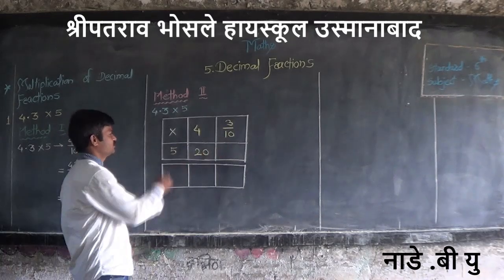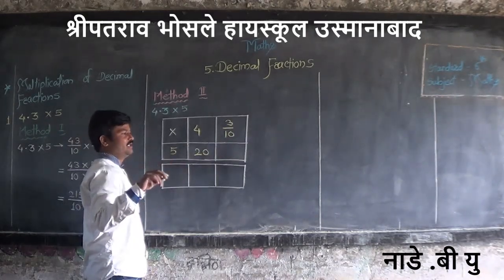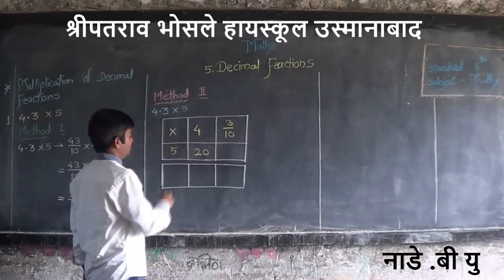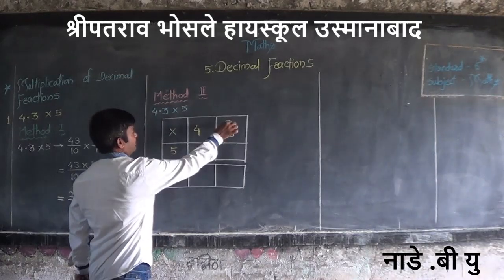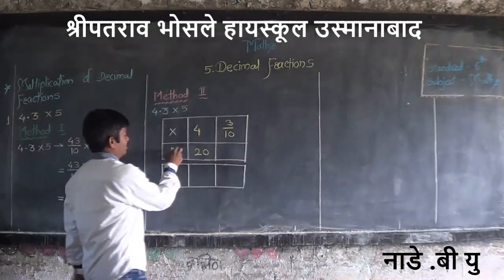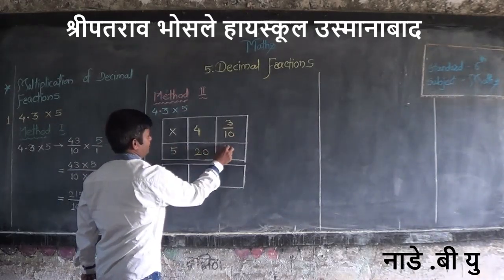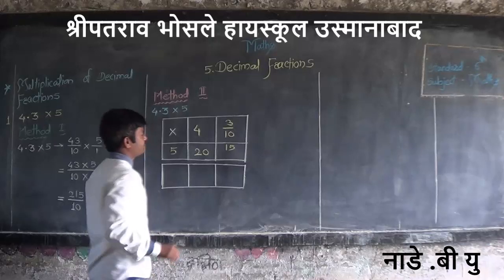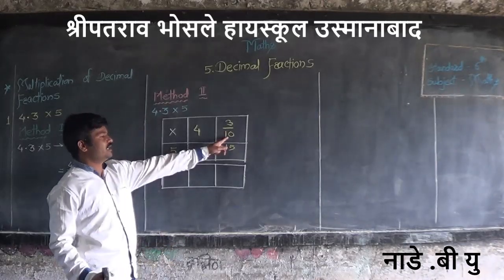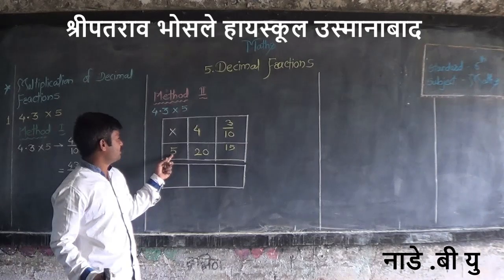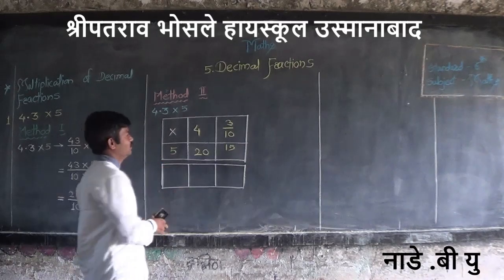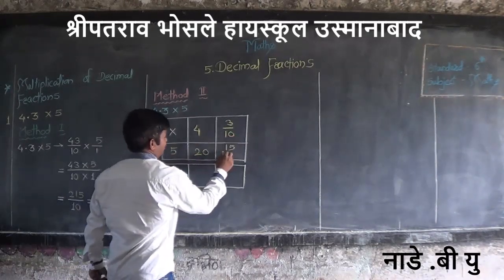Here the numerator is 3. 5 3s are 15. The denominator remains the same because the denominator of 5 is 1. 10 ones are 10.